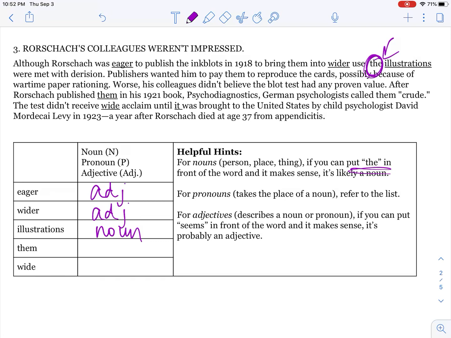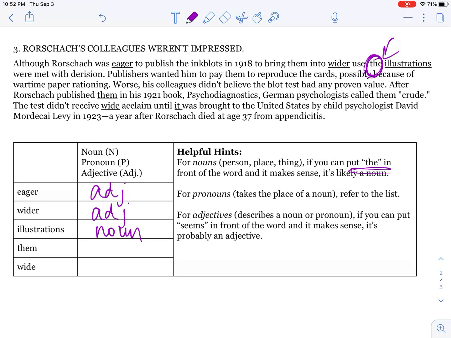Them. So let's take a look at the sentence. After Rorschach published them in his 1921 book, Psychodiagnostics, German psychologists called them crude. The test didn't receive wide acclaim until it was brought to the United States by child psychologist David Mordecai Levy in 1923, a year after Rorschach died at age 37 from appendicitis.